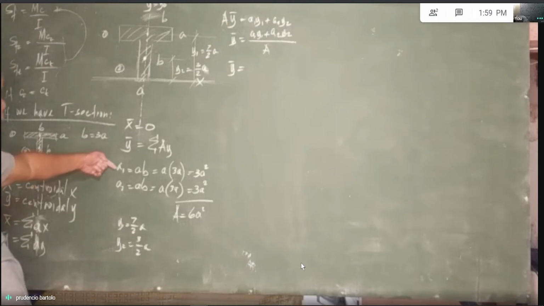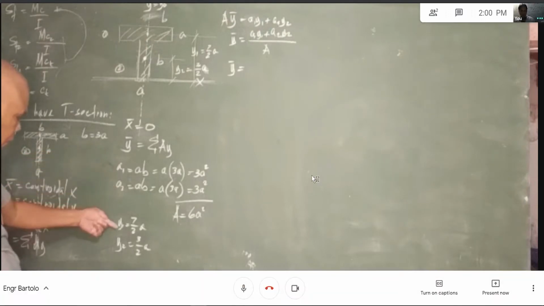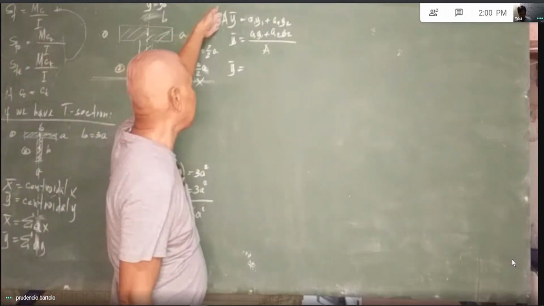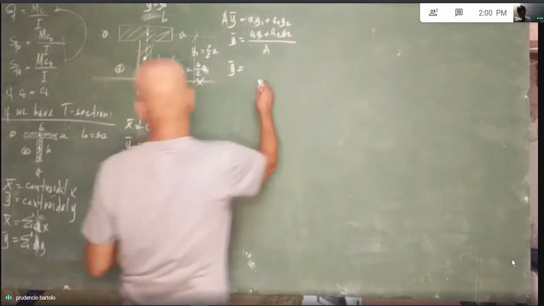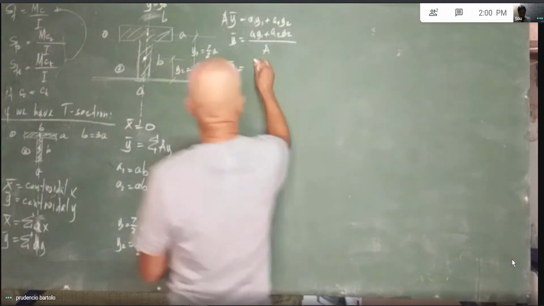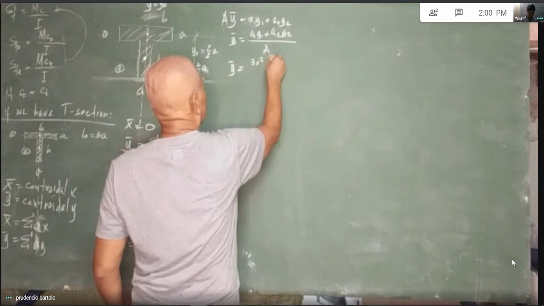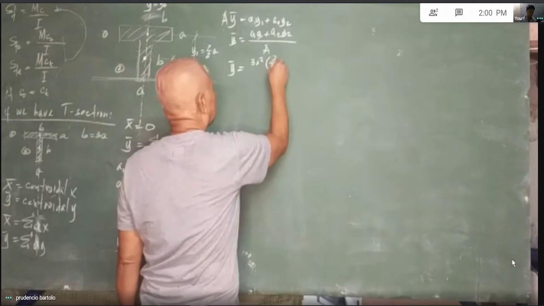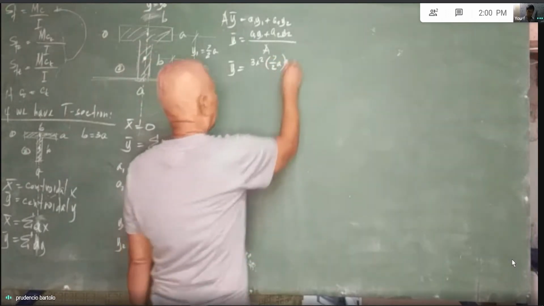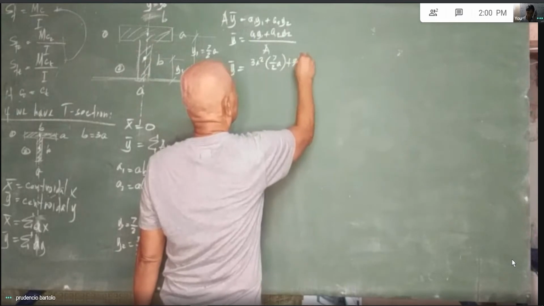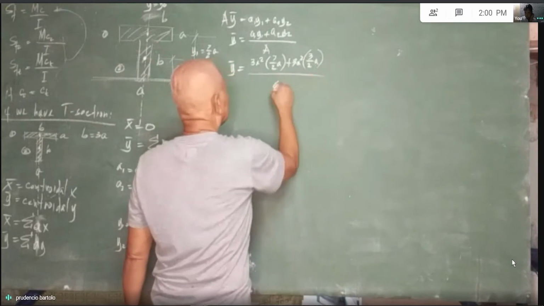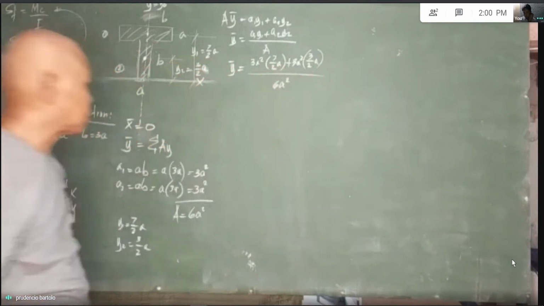Taking the elements now, A1, A2, Y1, Y2, and substituting values at this point, that will be equal to A1, which is 3a squared, multiplied by Y1. Our Y1 is 7 over 2a, plus 3a squared by 3 over 2a, all over the total of 6a squared.